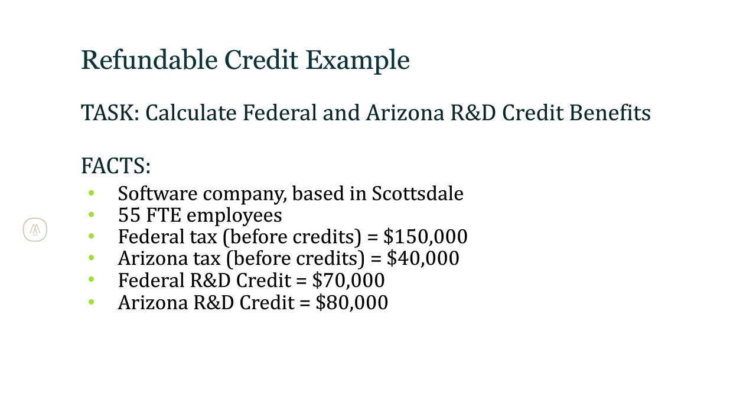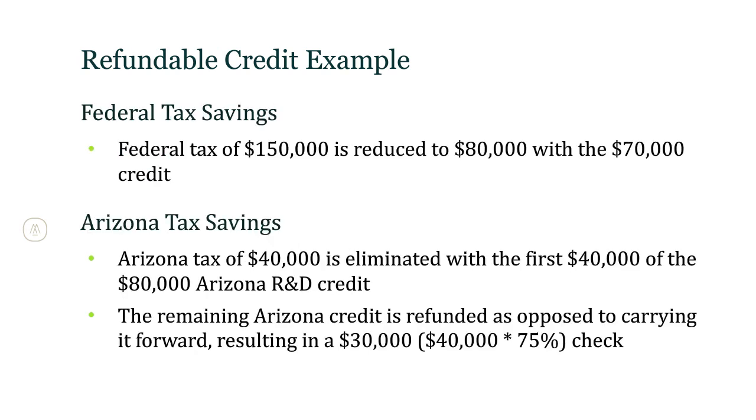The Arizona credit, you'll see, is actually higher than the federal credit, which is very common due to that higher credit rate. So the way this would work on the federal side is that the federal tax of $150,000 is going to be reduced down to $80,000 using that $70,000 federal R&D credit.